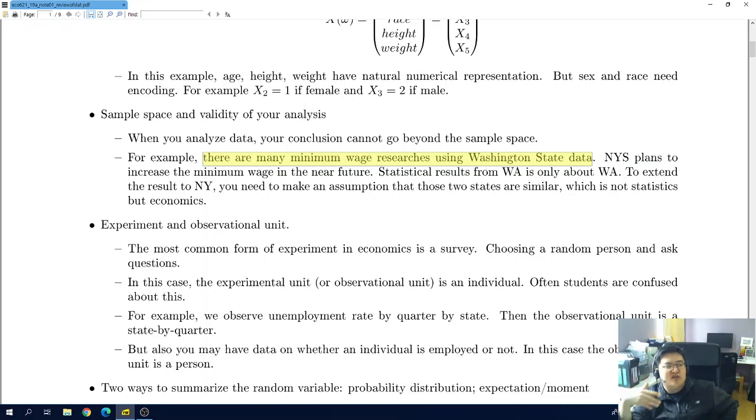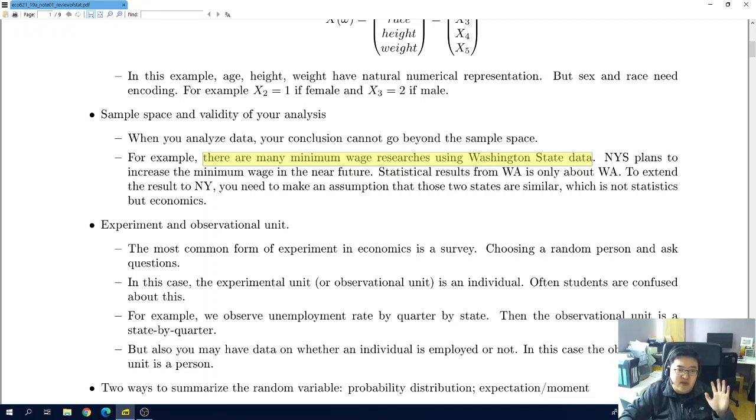But of course, you may make some more assumptions such that Washington State is similar to New York State. But it is not statistics. Making some assumptions is not from statistics, but within the statistics, you have to define the sample space.